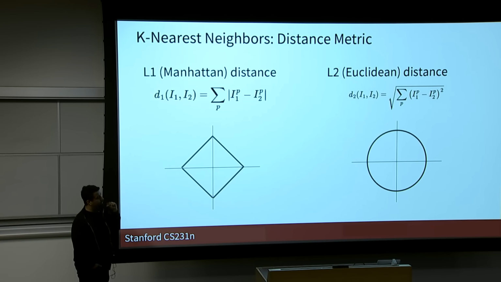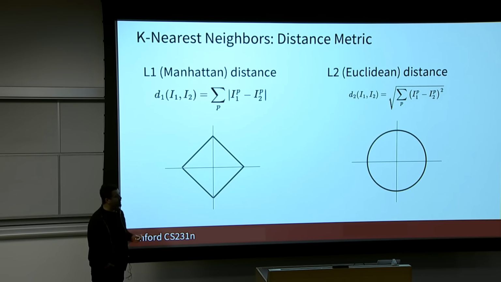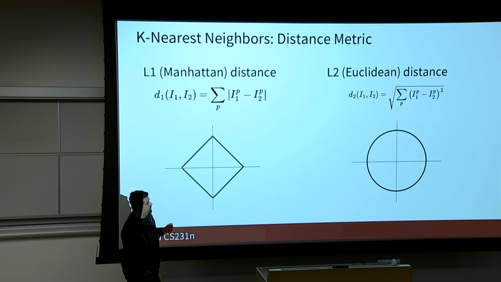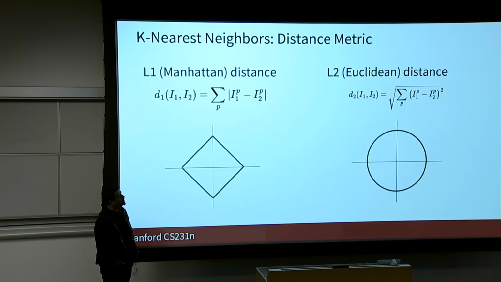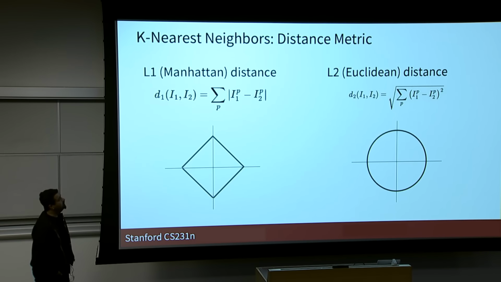So that's basically what these two images are showing. Any point on this shape, when using an L1 distance, has the same distance from the origin. And for the circle, any point on the circle, if we are using L2 distance, will have the same distance from the origin. Yeah, that's why it's better to use L1 if we want to preserve the features.